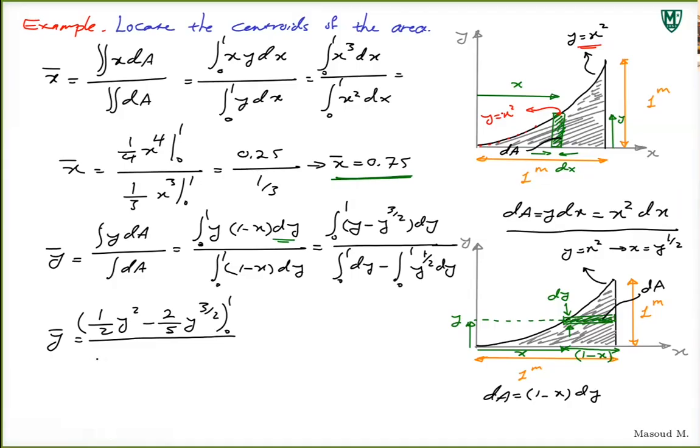The denominator is y minus 2 over 3 y to the 3 over 2, evaluated from 0 to 1. If you do this math, the numerator becomes half minus 0.4, which is 0.1, and the denominator becomes 1 minus 2/3, so it's going to be 1/3. This will give you y bar as 0.3.